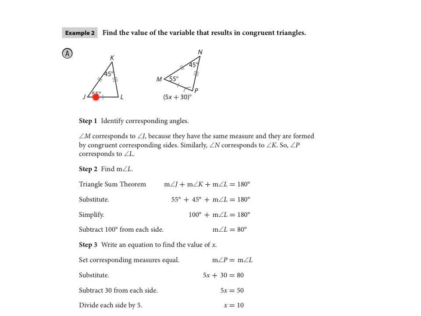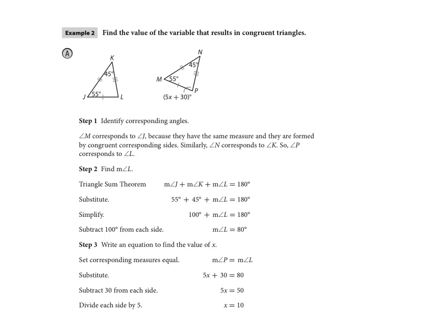That goes with angle J. And then angle N is congruent to angle K. And then, of course, the only piece left is that angle P must correspond to L. So our task is to figure out what the measure of x is, or first off, figure out the measure of angle P, and then see where we can go from there.